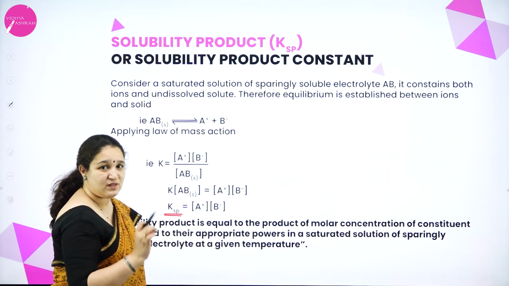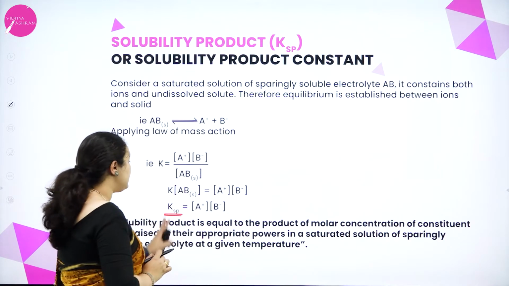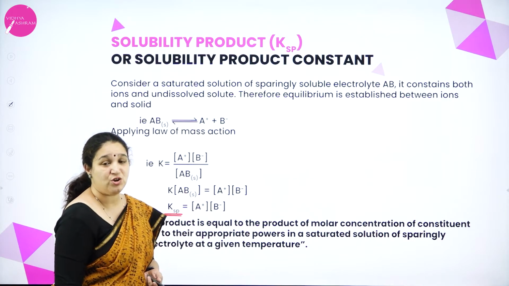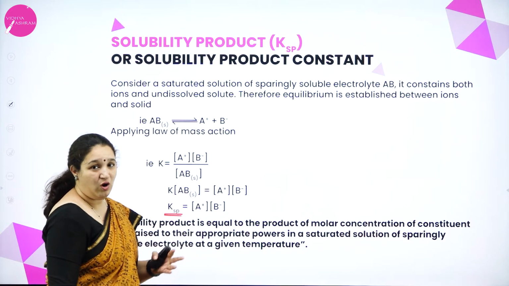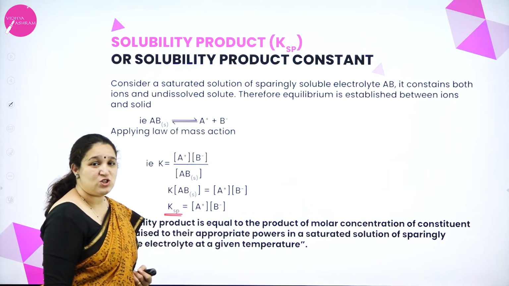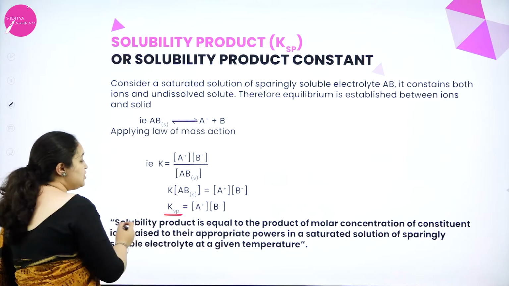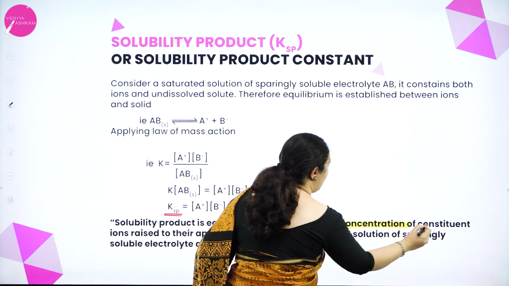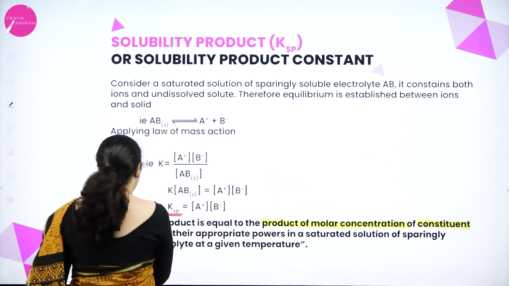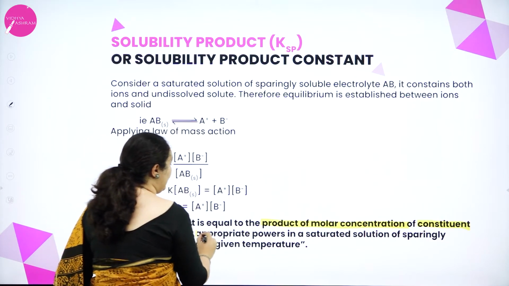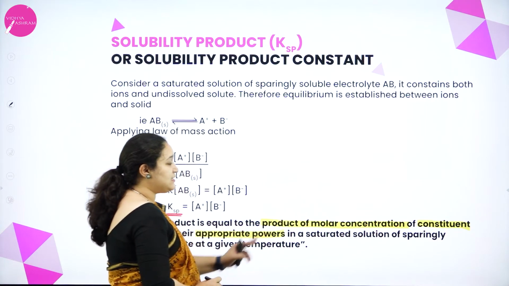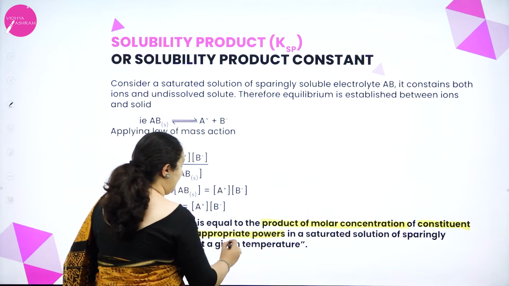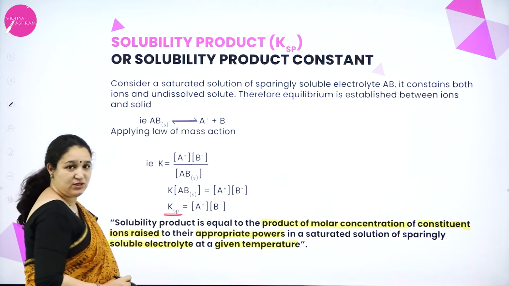of the sparingly soluble salt, which is equal to the molar concentration of A plus ion into the molar concentration of B minus ion. Or we can define solubility product as the product of the molar concentrations of the constituent ions raised to their appropriate powers in a saturated solution of a sparingly soluble electrolyte at a given temperature.